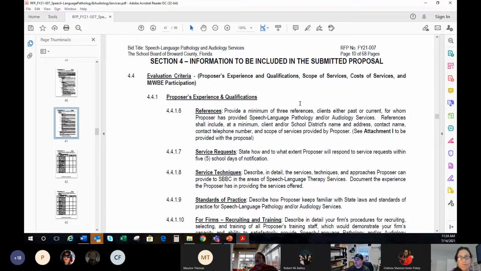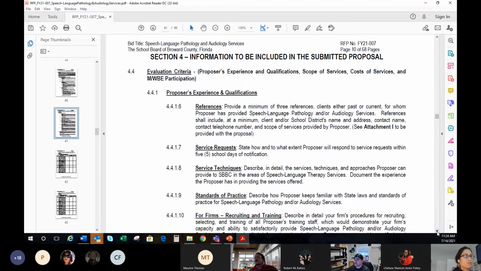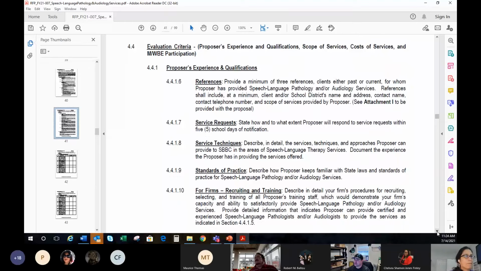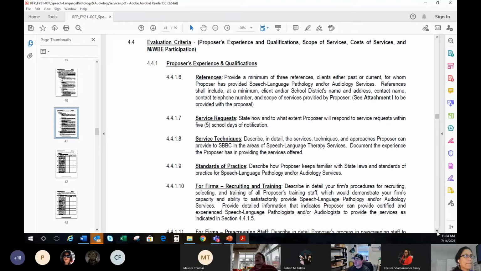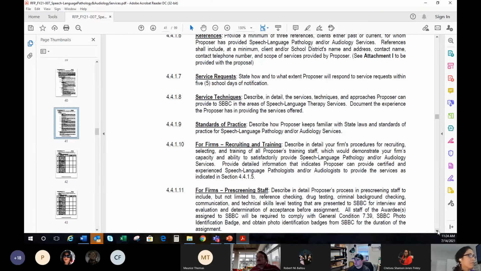It does require information to be provided. Just make sure that when you answer these questions, it's not like yes, period. You want to elaborate because you're the one that's selling your experience under this proposal. The more information we have, the better we can evaluate the proposal. So again, you want to elaborate in these areas in your proposal.